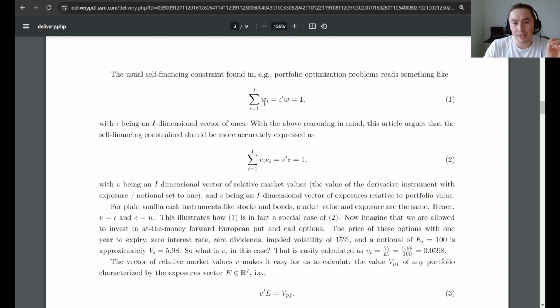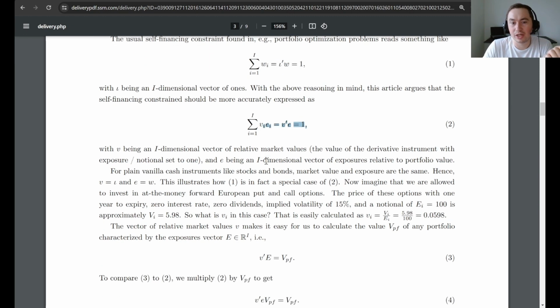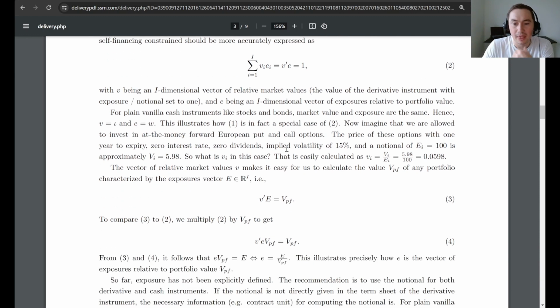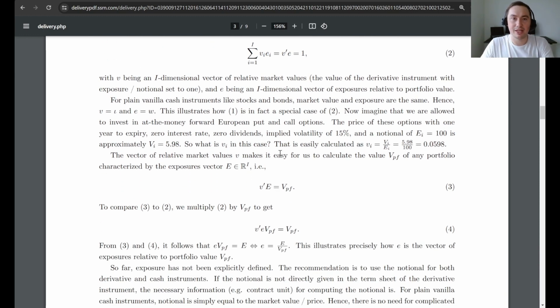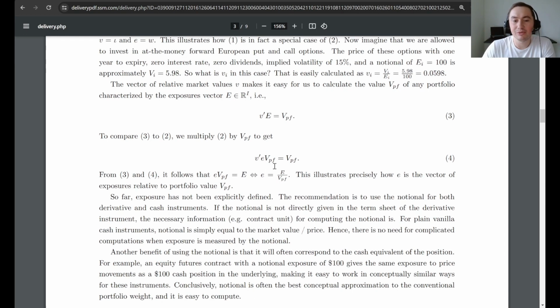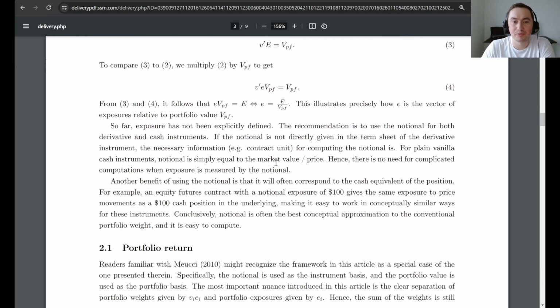The important point here is that the usual constraint is just a simple subset of this new constraint that we introduced, which is more general. So here there is some explanation of what these relative market values are and what these exposures relative to portfolio value are. You can really see it mathematically, so I'll let you read through it.